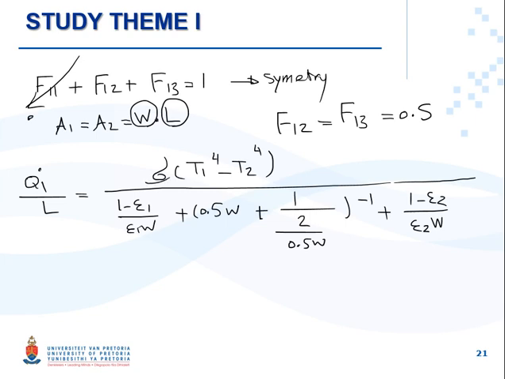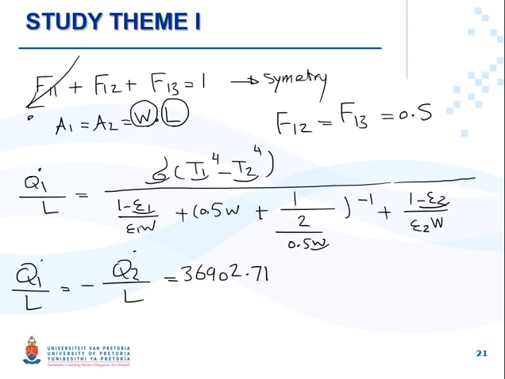Okay, we already have everything. We have the Stefan Boltzmann constant, we have temperature T1, temperature T2, epsilon 1, epsilon 2, and we also have W. So Q dot 1 divided by L is equal to minus Q dot 2 divided by L, which is equal to 36,902.71 watt per meter.